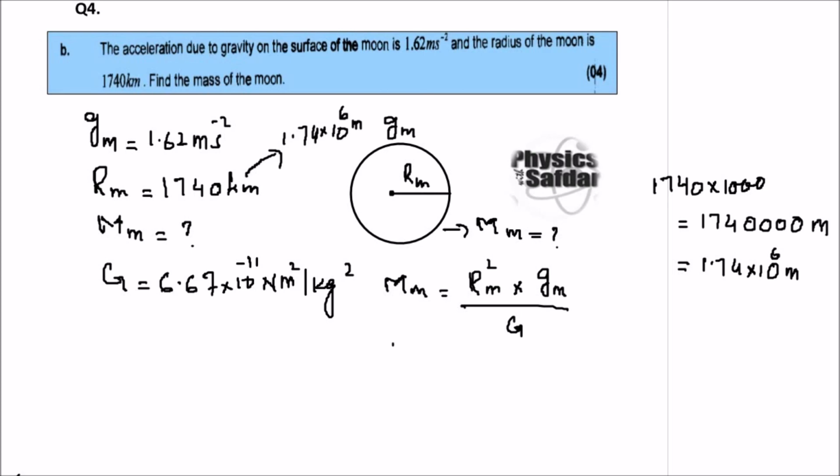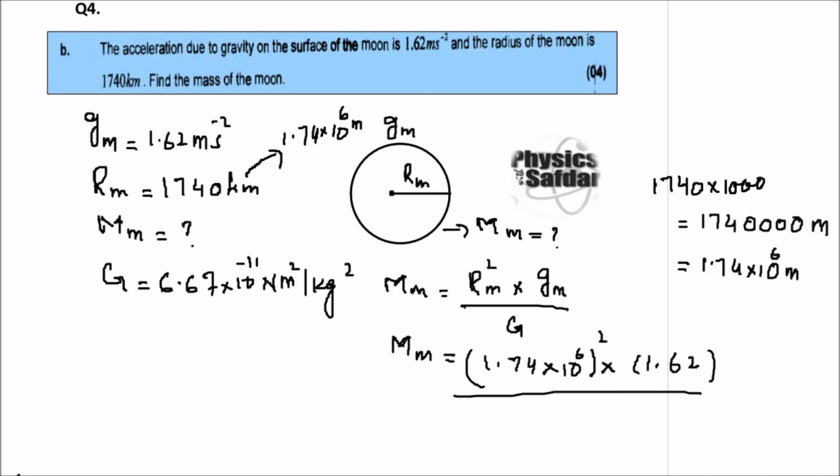Now you can put all the numbers in the equation. The radius of moon, 1.74 into 10 raised to the power 6, squared, times Gm, that is 1.62, divided by the gravitational constant, that is 6.67 into 10 raised to the power minus 11.